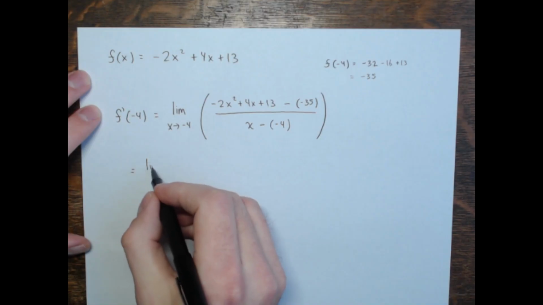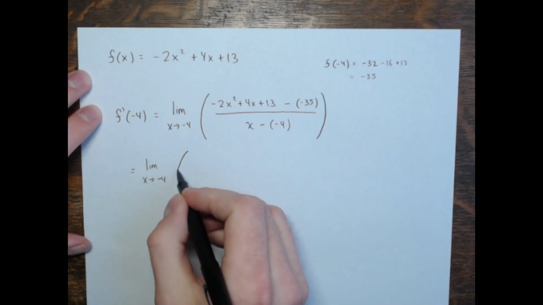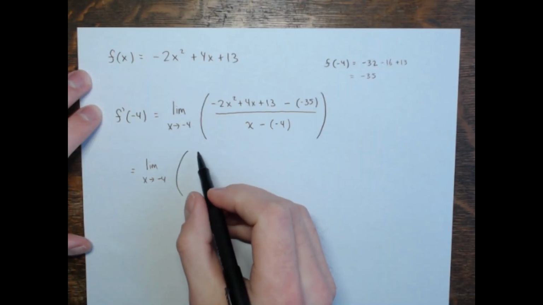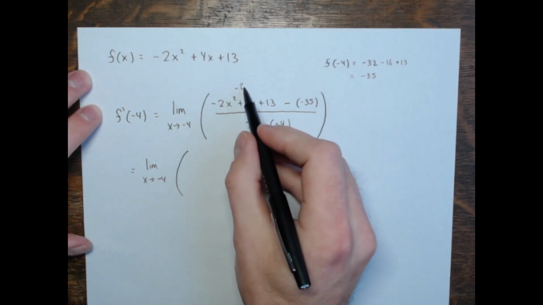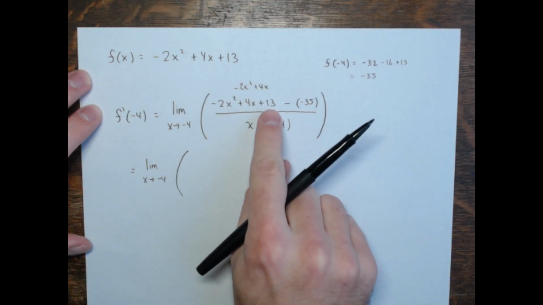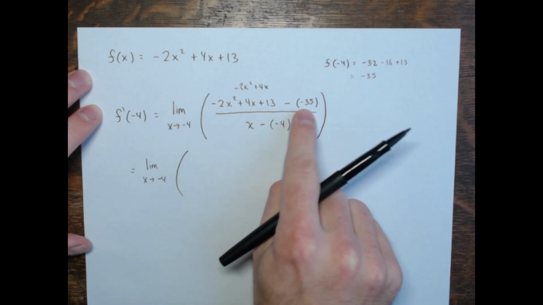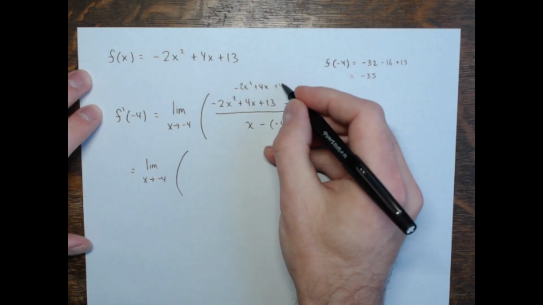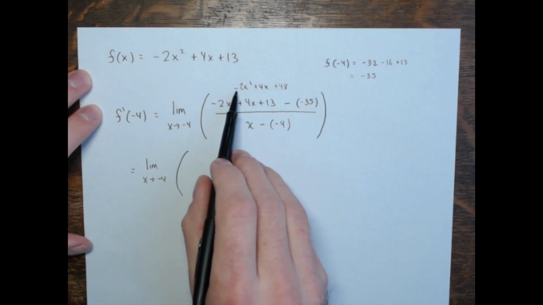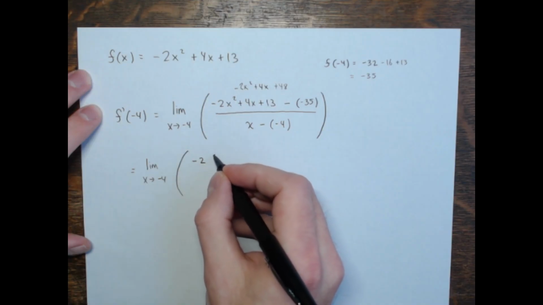All right, simplify it. And the limit as x approaches negative 4 of, this up here would be negative 2x squared plus 4x. And then this is 13 plus 35, right? So that'd be plus 48. And I notice that these all have 2 in common, and being that the lead is negative, I'll factor out a negative 2.